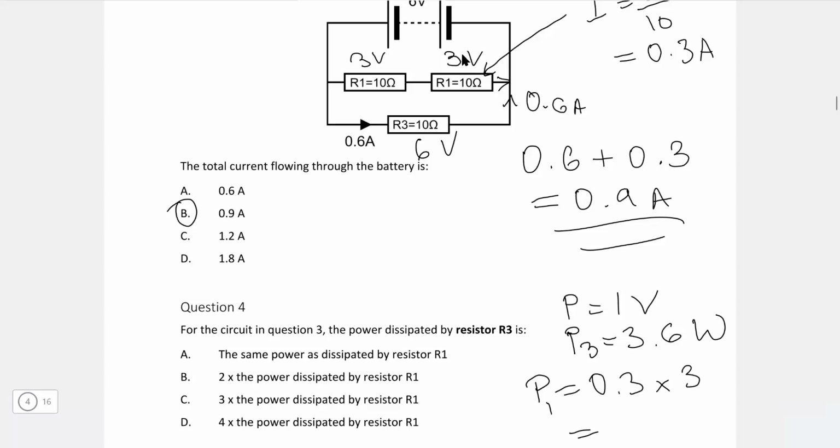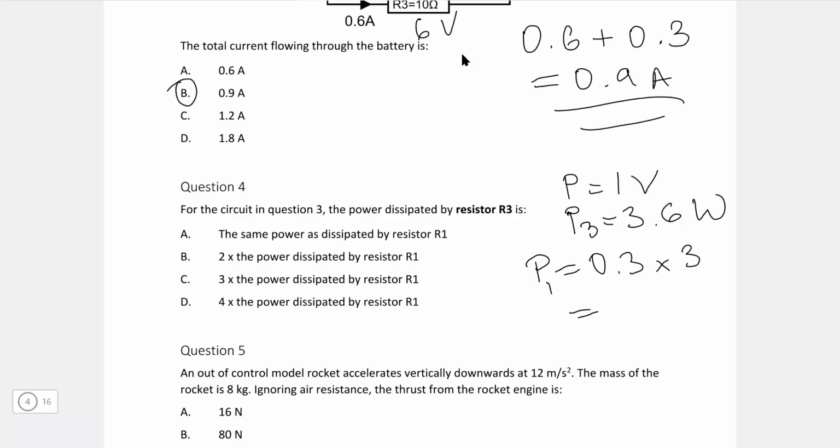So 0.3 times 3 will just give us 0.9 watts of power. So we can see that 3.6 is actually 4 times bigger than the power dissipated in the other resistor. Therefore, the correct answer is D.